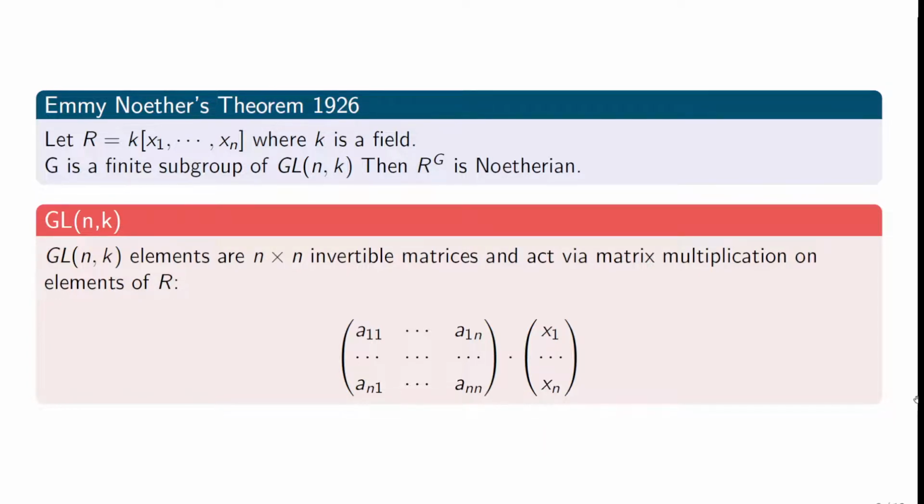As a reminder, GL_n(K) is the set of n by n invertible matrices, and they act via matrix multiplication on elements of R. So where do we send x1, x2, and so on up to xn? You can figure that out by doing this multiplication.